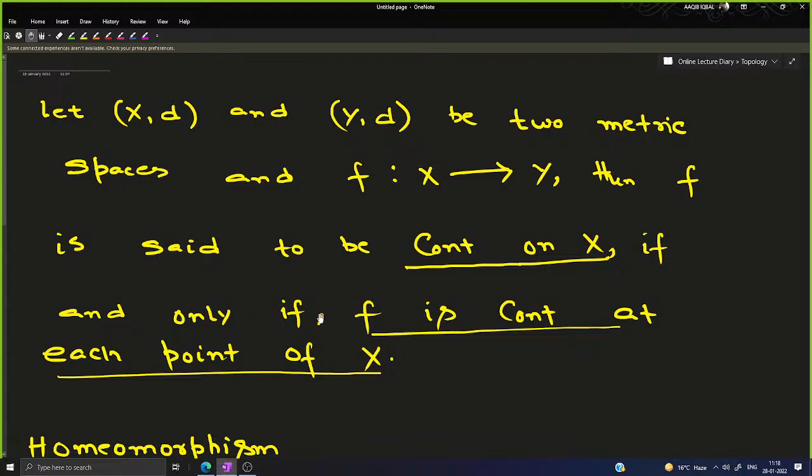अब यहाँ देखिए आप, अगर आप इस डेफिनेशन को देखेंगे ना, यहाँ से हमें पता चलता है कि for a function to be continuous on the whole space, it must be continuous at each point of the space, है ना?